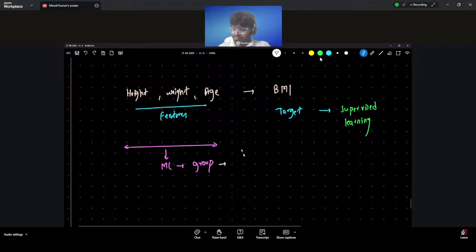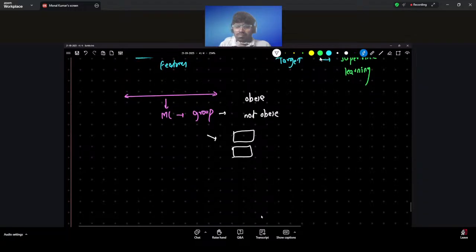It's possible that I will be able to find two groups. Or I will be able to find it just from age also. If I only have weight and age, can I also get two groups, younger and older?